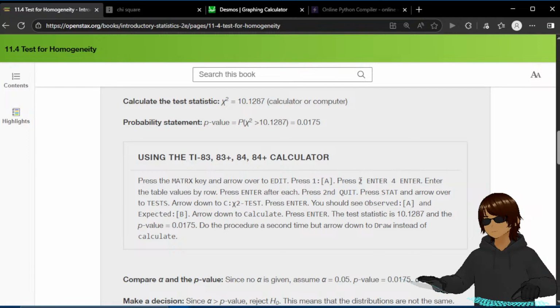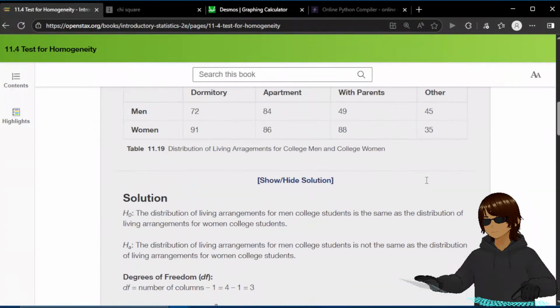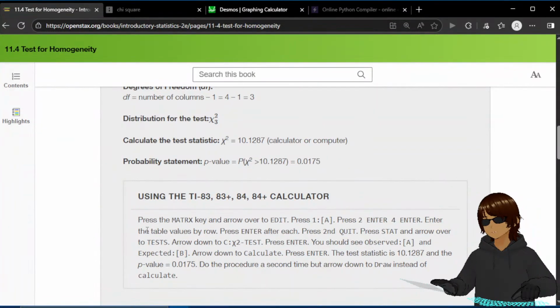Enter the table values by row. Press start. Run the test.